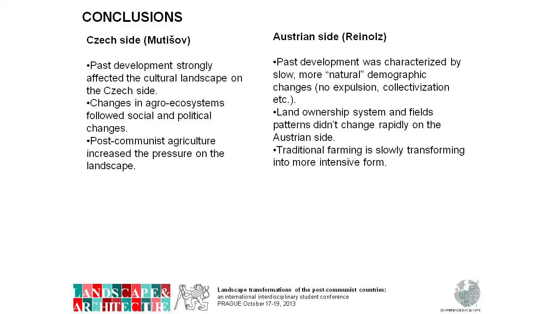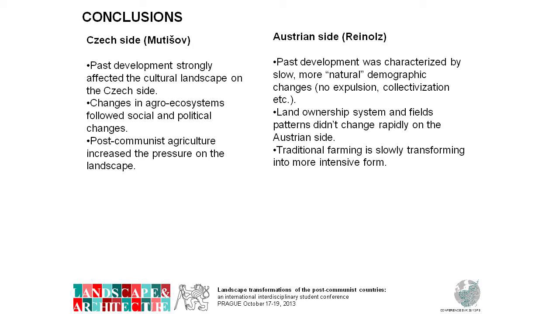We could say so. The conclusions: on the Czech side, past development strongly affected the cultural landscape. On the Austrian side, the development was more natural, demographic. There was no expulsion, no collectivization, and so on.